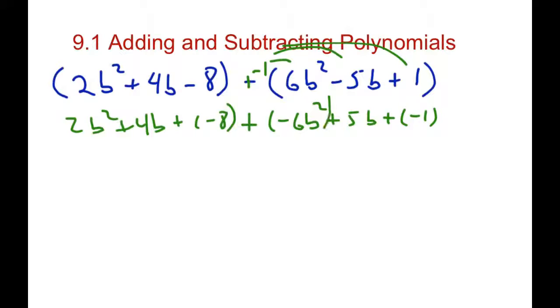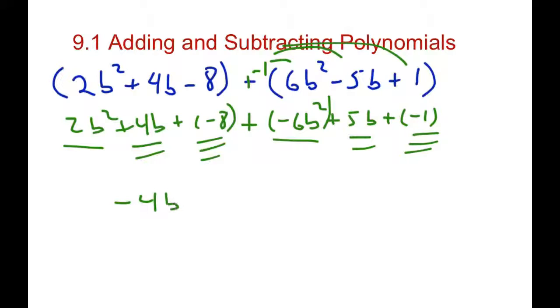Alright, so I have like terms: 2b squared, negative 6b squared, 4b and 5b, negative 8 and negative 1. 2b squared plus negative 6b squared is negative 4b squared. 4b plus 5b is 9b.